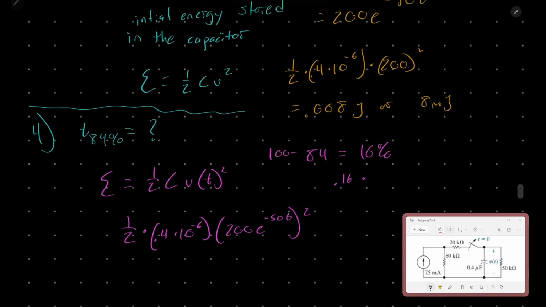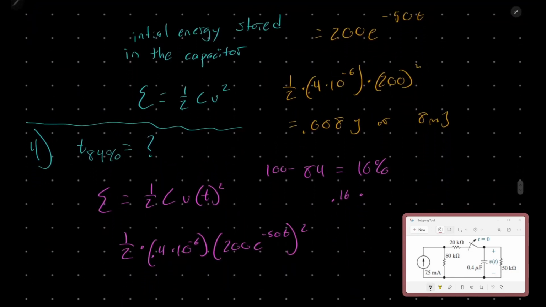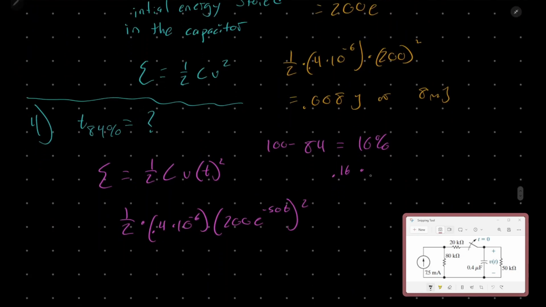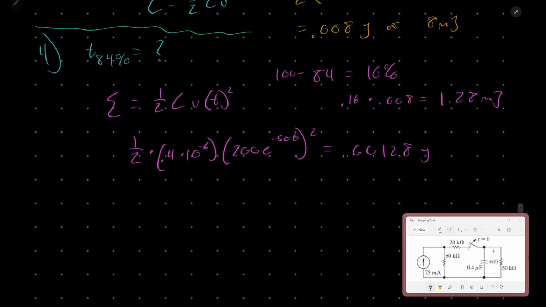Multiply that by what we found, which is 8 millijoules, 0.008, and that will equal 1.28 millijoules. So that is what we're going to make this equal to. We'll write out the whole thing: 0.128 joules. And now we're going to solve for t.